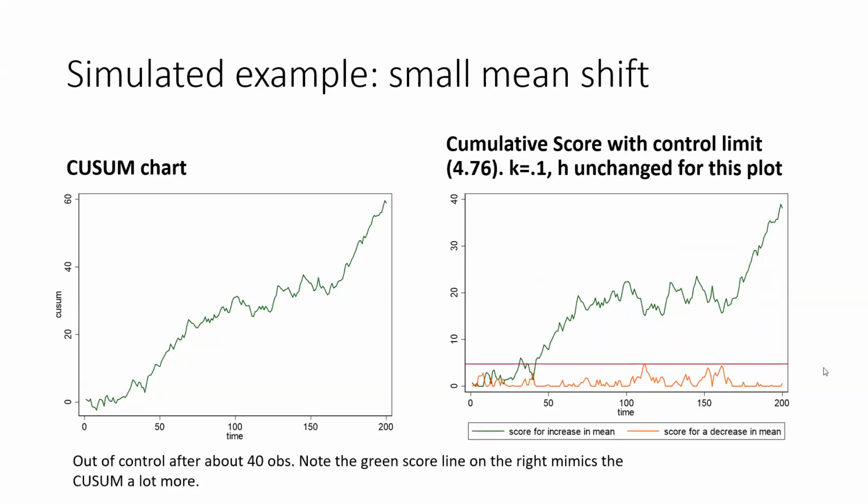Control limit, of course, changes also. And we are using here 4.76 nonetheless, because we know it has to be between 4 and 5. Okay, so where do we get an alarm? We get an alarm here at about 40, right? That's pretty good, because the change only occurred at 20. So we're getting an alarm at 40. That's pretty good. And if we let it run, it continues to give an alarm here, right?